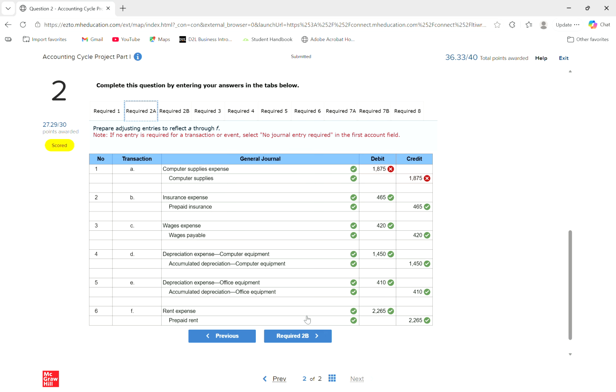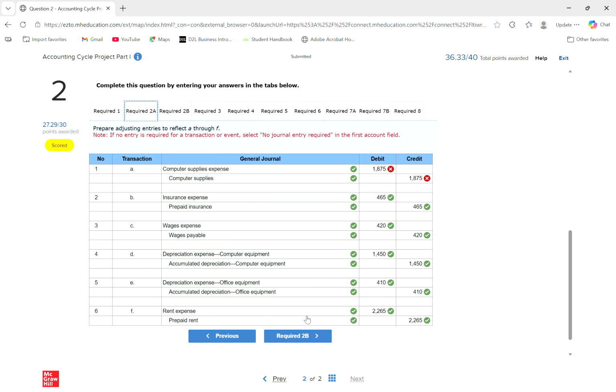At the end of December, adjusting entries were required to properly match revenues and expenses to the correct accounting period. For supplies, I calculated the amount used during the period. Beginning supplies plus purchases equaled $4,045. The physical inventory count showed $670 remaining.